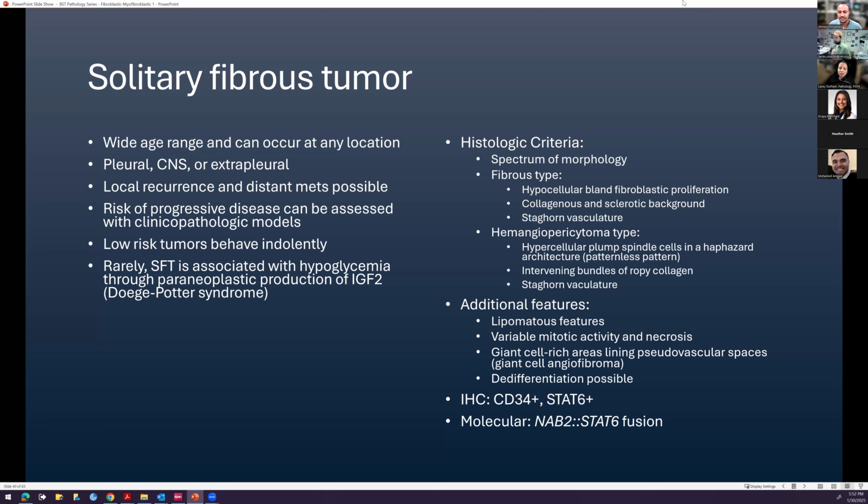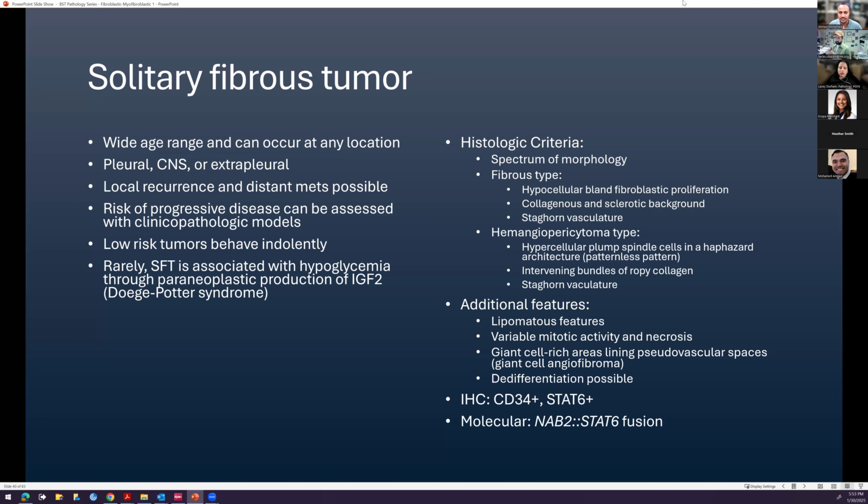There's also supposedly a related lesion called giant cell angiofibroma that has a somewhat similar look to giant cell fibroblastoma, in that they have giant cell-lined pseudovascular spaces. I don't tend to see that very often. And then lastly, these tumors have a weird predilection to dedifferentiate to a high-grade sarcoma, so that is a possibility.